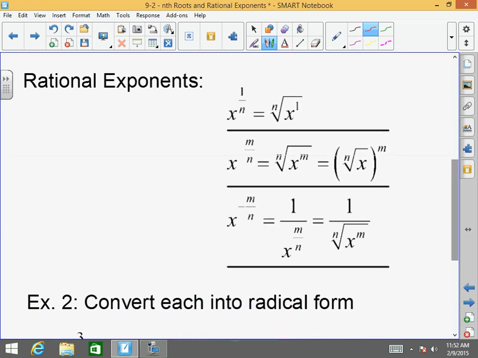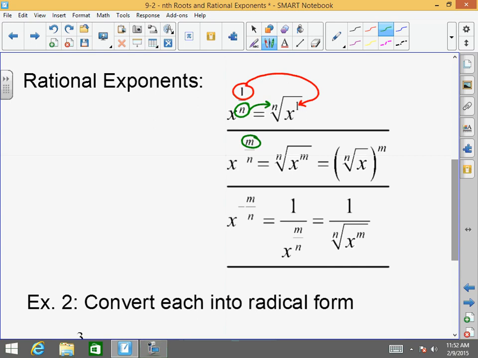Now, how does it work completely? Well, if I just have x to the 1 over n, it's simply the same thing as saying the nth root of x to the first power. The numerator of the rational exponent is the exponent of the radicand. And the denominator of the rational exponent is the index. It's a little clearer here in the second example of x to the m over n. X to the m over n can be written as the nth root of x to the m.